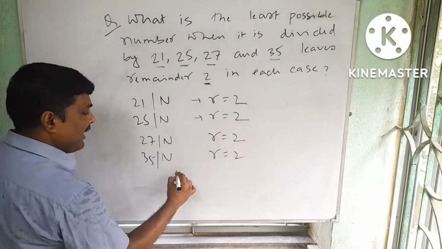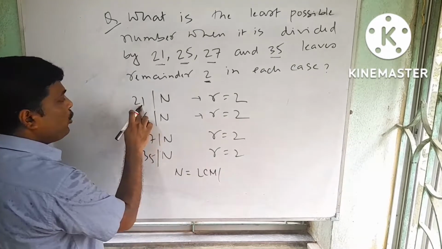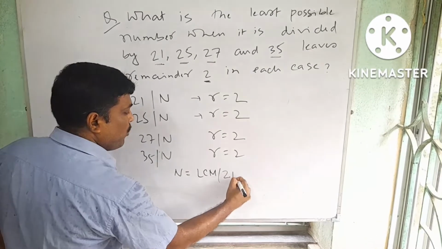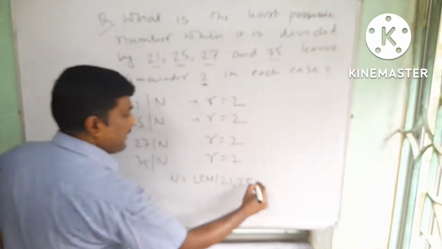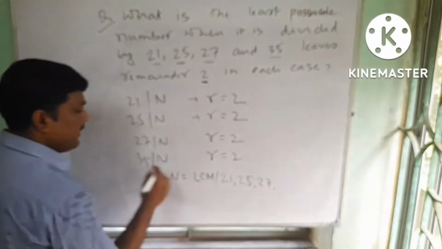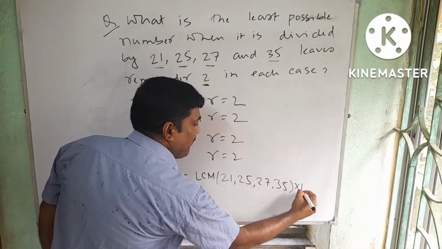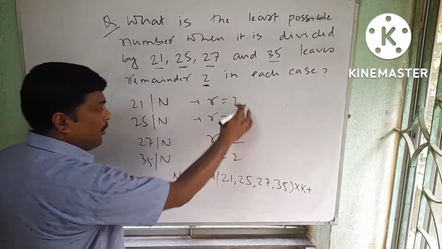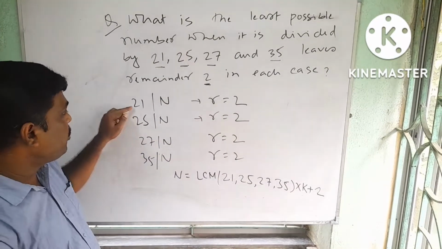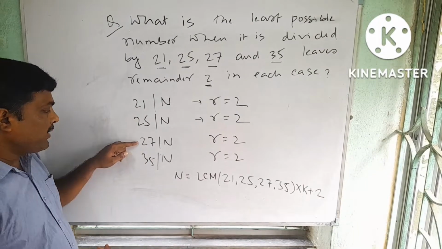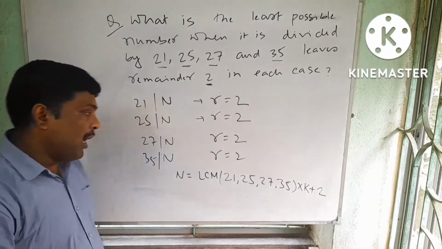Okay, so n is LCM of 21, 25, 27, 35 into some natural number k plus the common remainder 2.